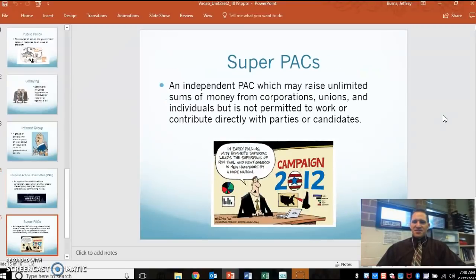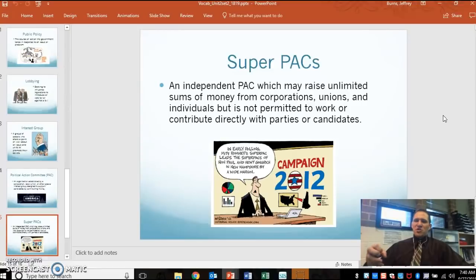super PACs, there was this Supreme Court case called Citizens United back in this century, about 2010, I believe, and it basically says that a super PAC is allowed to raise an unlimited amount of money on behalf of candidates, but they cannot distribute it or give it directly to candidates or directly to political parties.